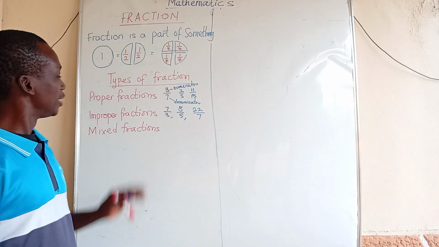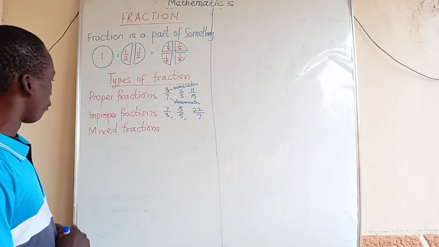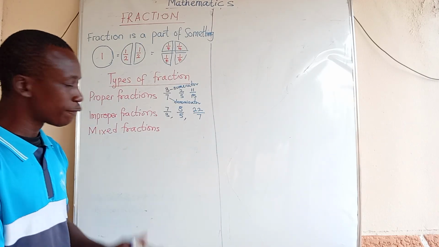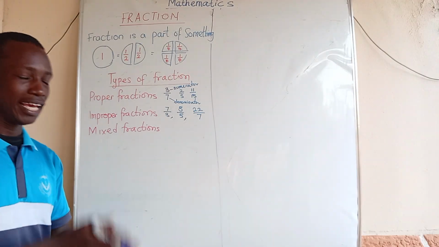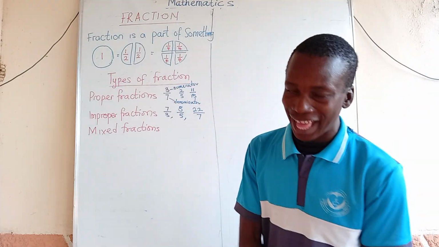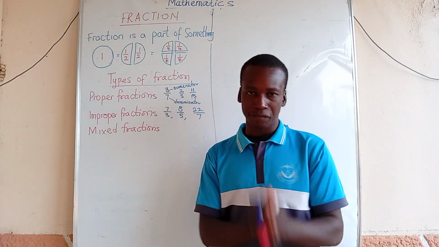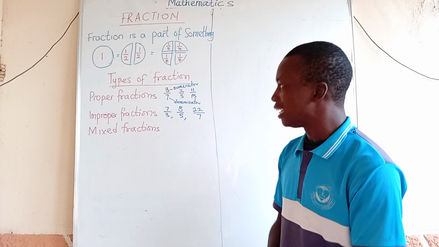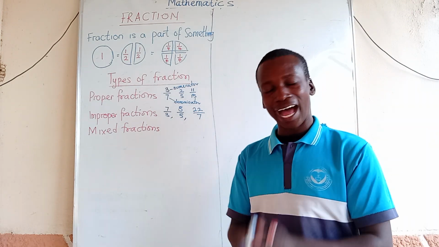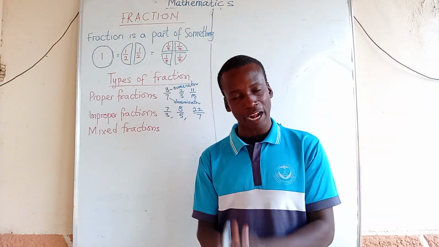Do you understand? Now let's come down to the third type of fraction, the mixed fraction. A mixed fraction is a combination of a whole number and a proper fraction.